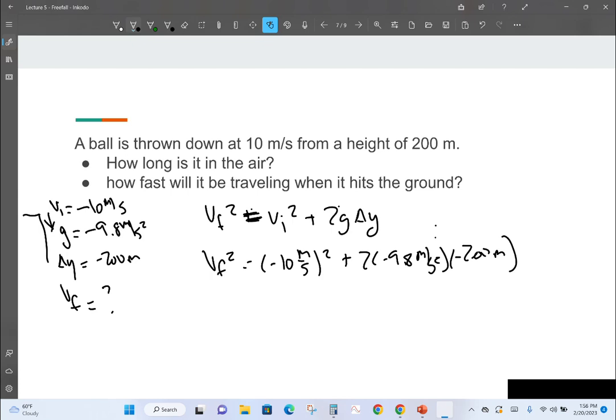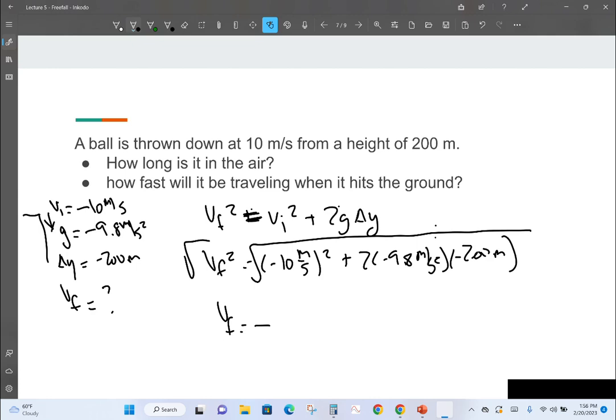And then I'll have to take the square root of both sides once I find everything under the radical. And I'm going to choose the negative solution to that. So I'm going to get negative 10 squared is 100 plus 2 times negative 9.8 times negative 200 equals 4020.